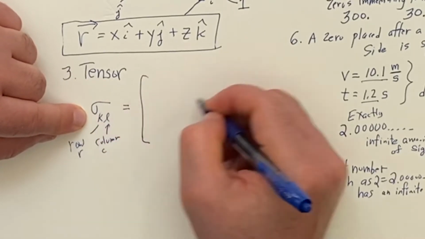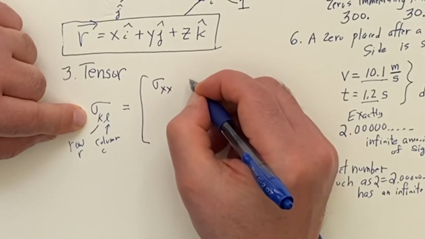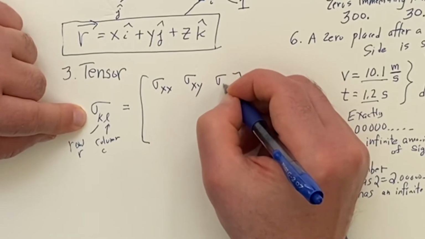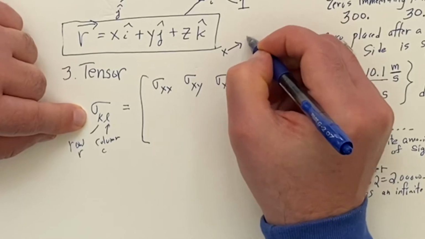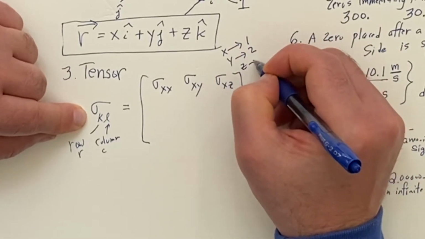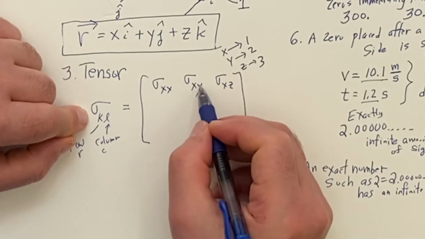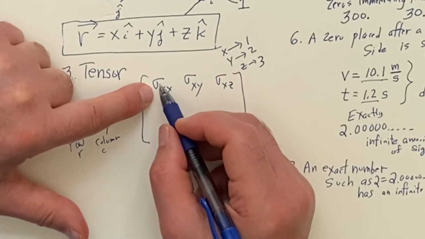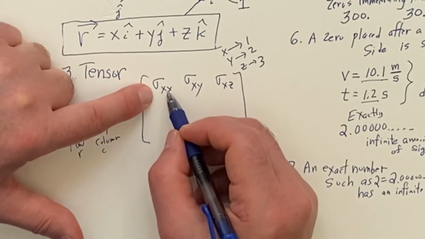And then what we're going to do is say that XX, like this, XY, and XZ. Now, a lot of times instead of X they just use a 1, Y they use a 2, and Z they use a 3. So this could also be 1,1, 1,2, 1,3. So it's basically a stress component of the X component of force operating in the X direction.